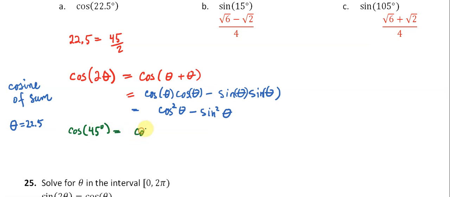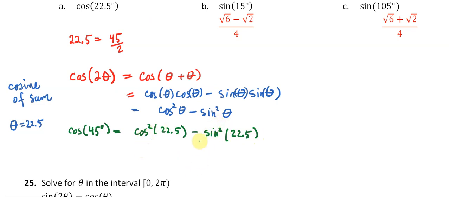And that's equal to cosine squared of 22.5 minus sine squared of 22.5.